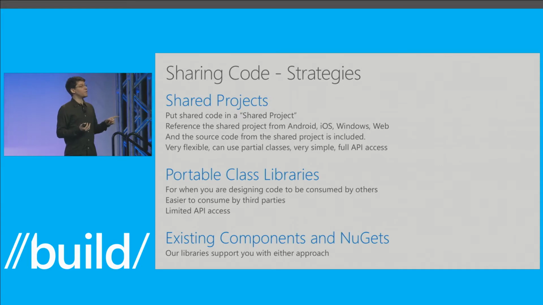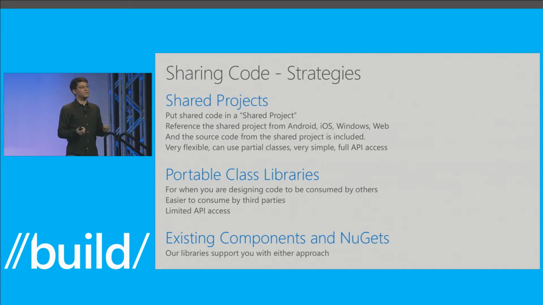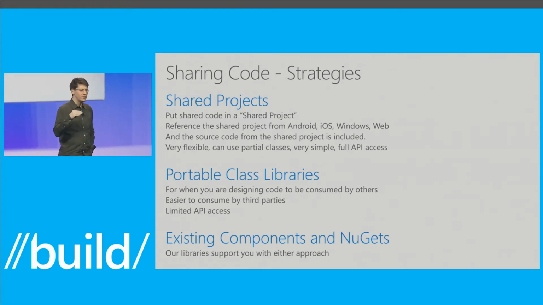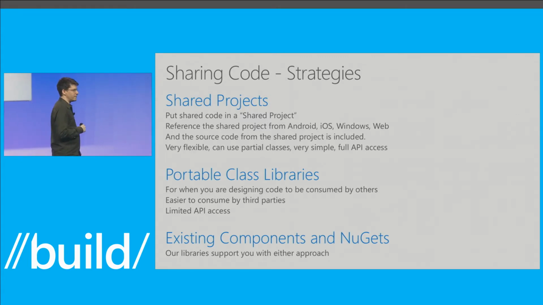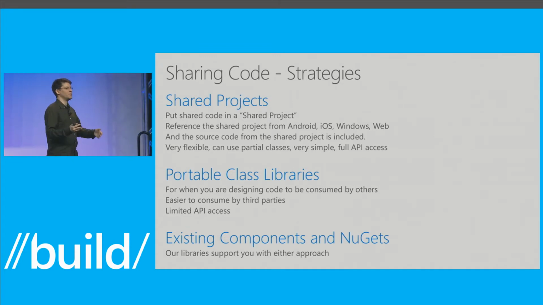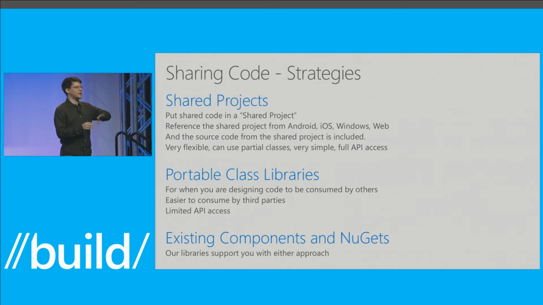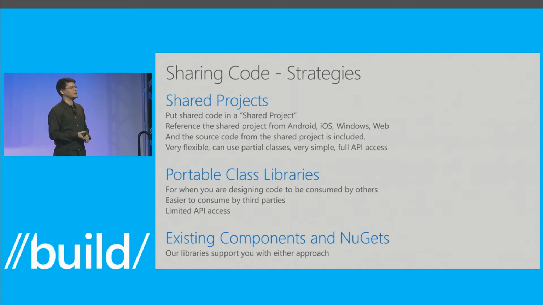But I would definitely use it for libraries. If you want to share libraries, or you're producing a library for others to consume, this is the right approach. This is the best thing that you can do in those scenarios. There is one downside. Portable class libraries tend to have a more limited API surface. So sometimes you have to do things like some dependency injection so you can plug in a logger or a console write line. I'm a lazy man. I like to put console write lines in my code, so I go with the first approach.